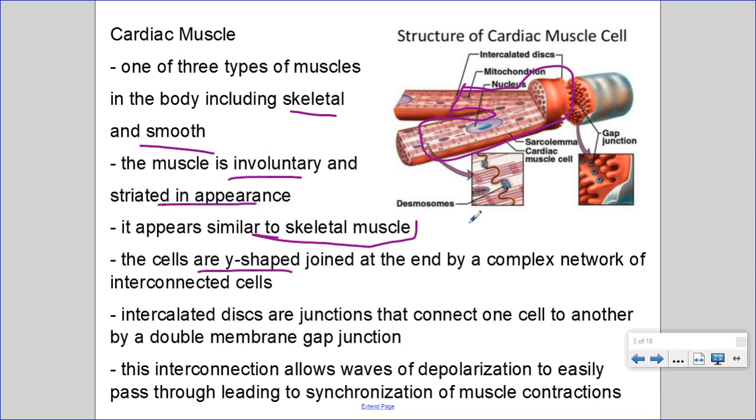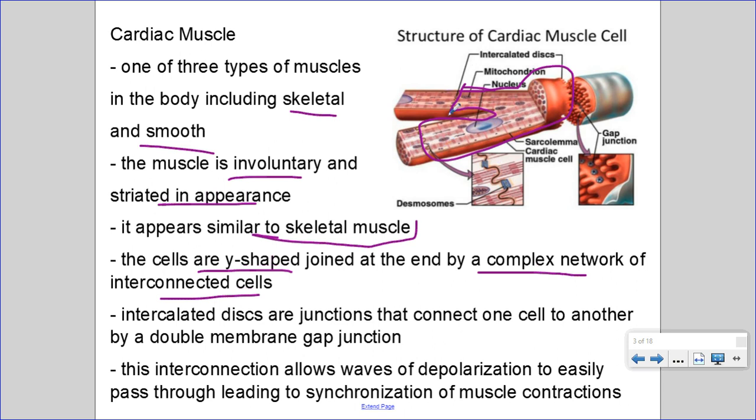So it has a branch point to it. And so the cells are going to be Y-shaped, joined at the end by a complex network of interconnected cells. Basically, each cell can be connected to more than one cell.